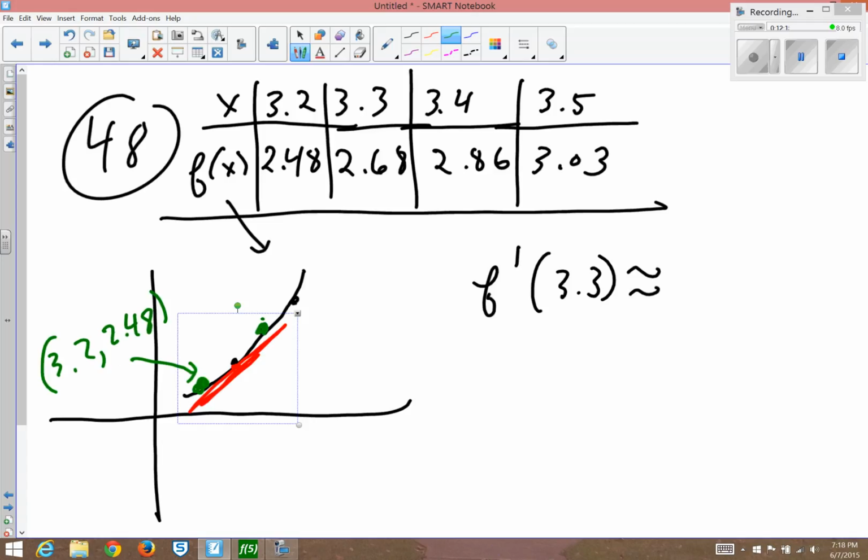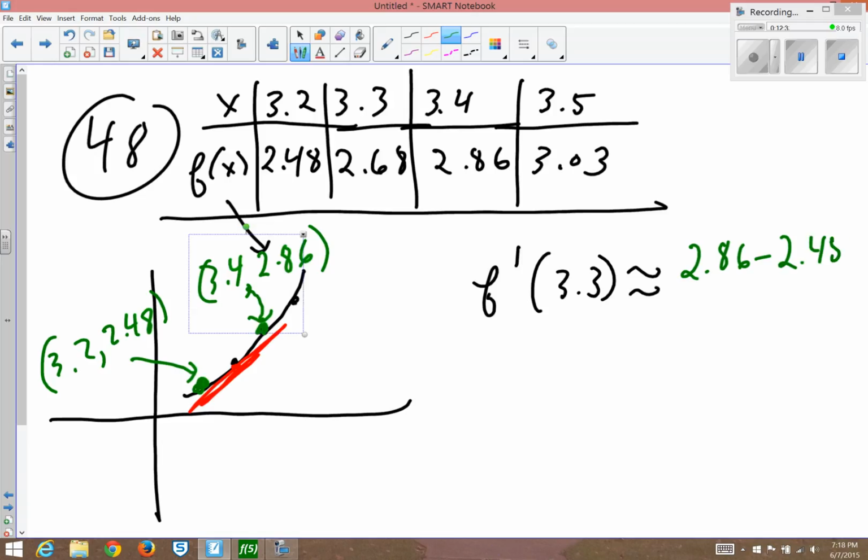And this one over here is 3.4, comma 2.86. The slope of the line between those two green dots is the change in y, 2.86 minus 2.48, divided by the change in x, 3.4 minus 3.2.